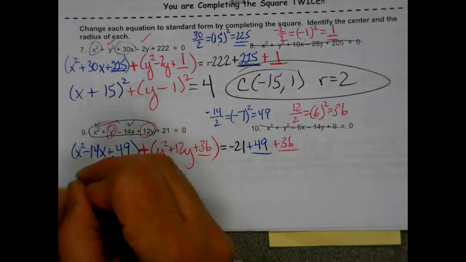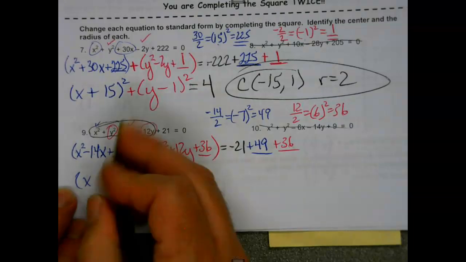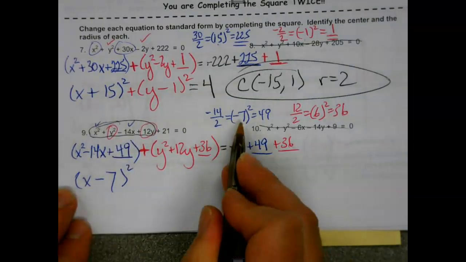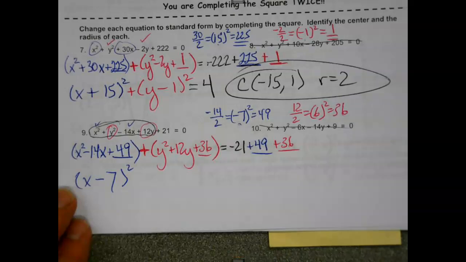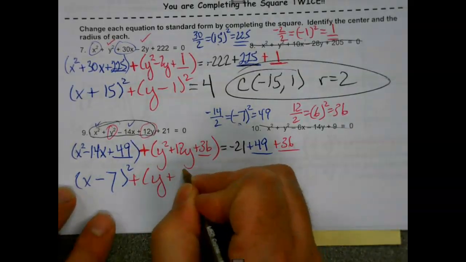So let's see here. Half of negative 14. Or again, if I did my side work, it's that number in parentheses. Half of a positive 12.